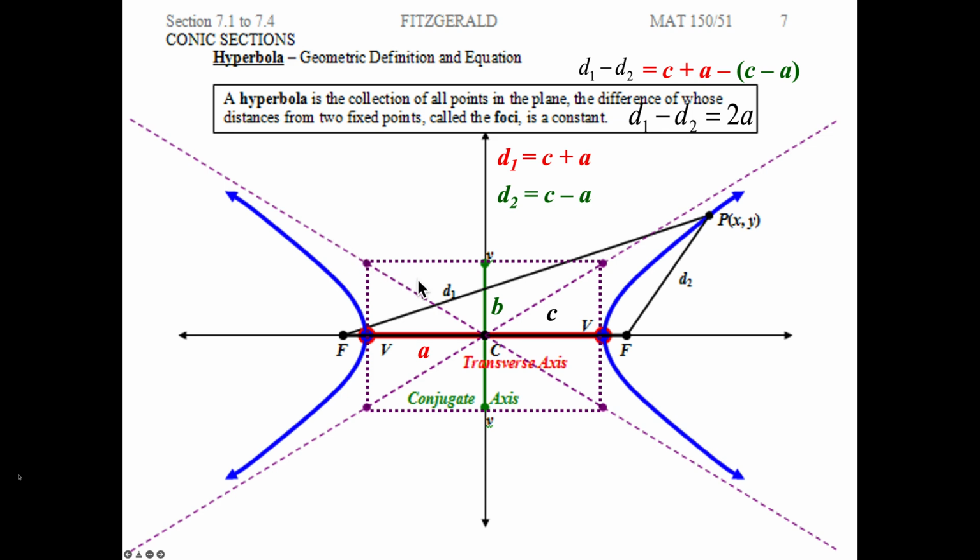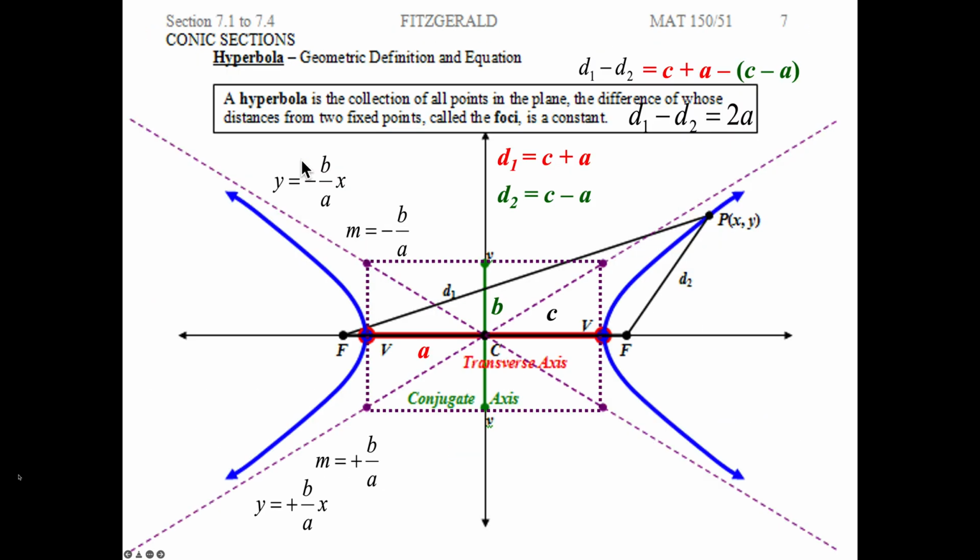And these asymptote lines are going to be B over A or A over B, depending on where the vertices and the co-vertices go. But so far in this case, from this point to this point, it's downhill, and we're going down B, to the right A. And over here, it's a slope of B over A, up B, right A. So that gives me the equation y equals B over A times x.